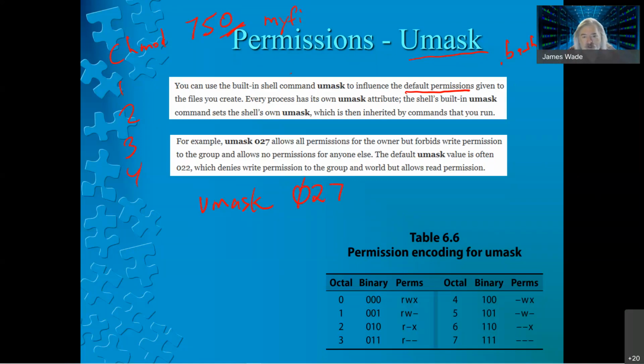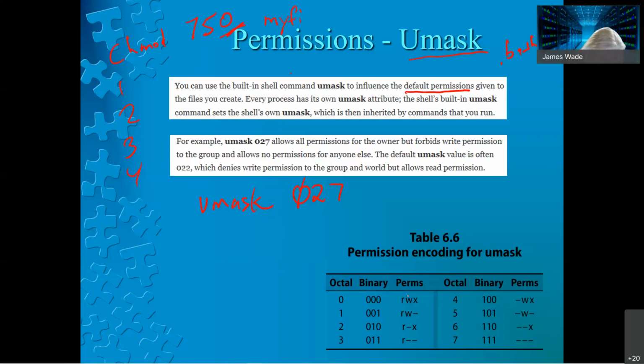Why they didn't just use the same format as chmod, I don't know. Sometimes I think they just want to be difficult. So, umask allows permissions for the owner, but forbids write permission to the group and gives no permission to others. It's the inverse, folks. Don't ask me why.